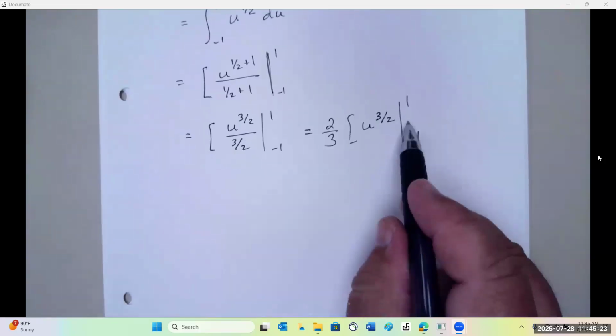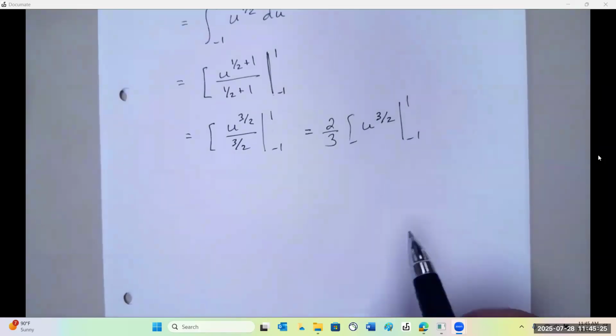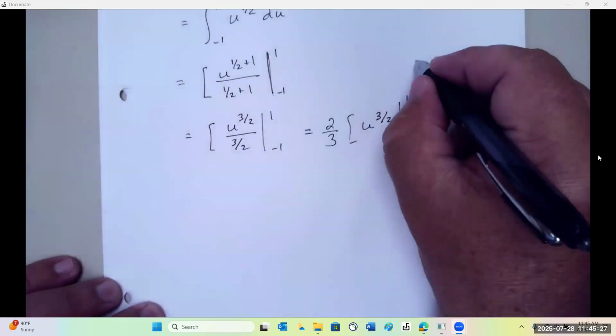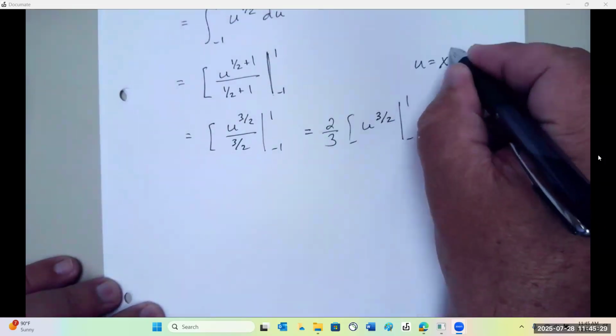Now, before I do the bounds of integration from -1 to 1, I put my u back.